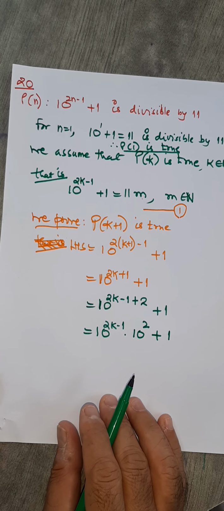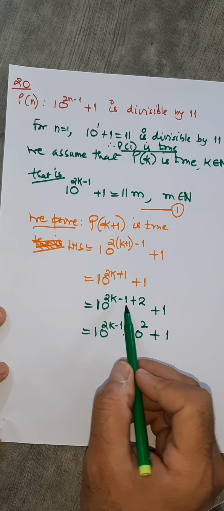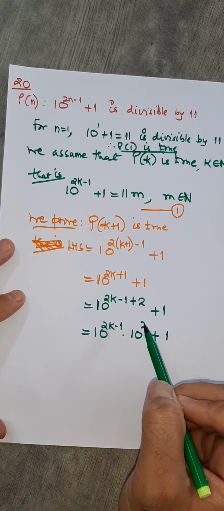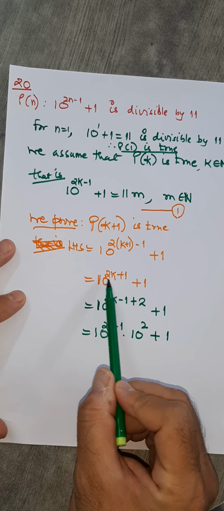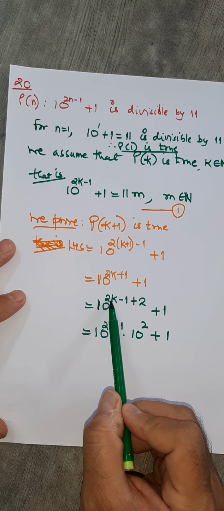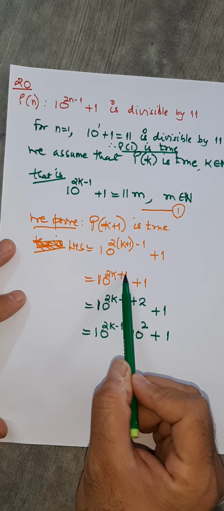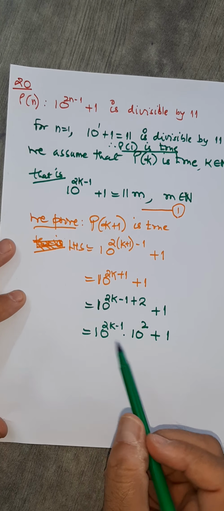What I did here, I just expressed 2k plus 1 in 2k minus 1 form. Why? Because I want to use equation number 1. If I write minus 1, I need to write plus 1, but plus 1 is already there, so it becomes plus 2. This is the same as this, you can see.